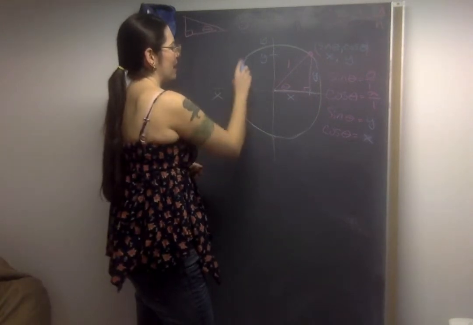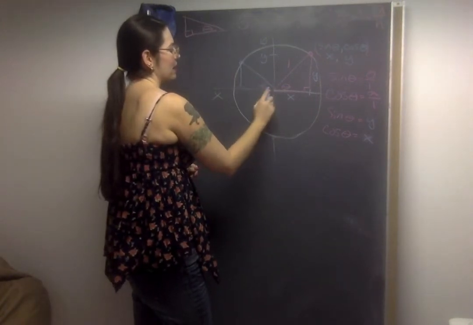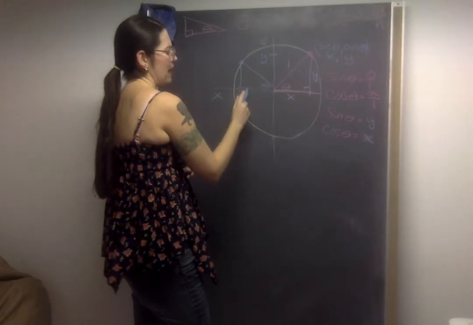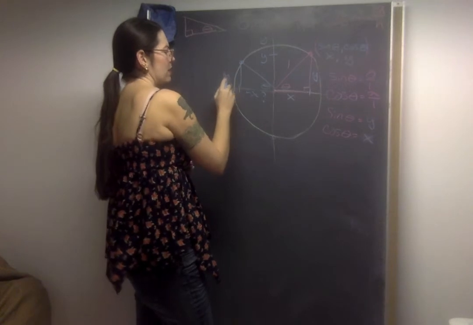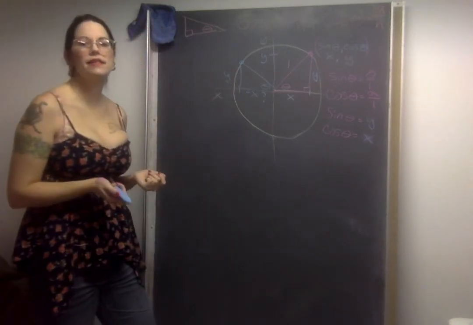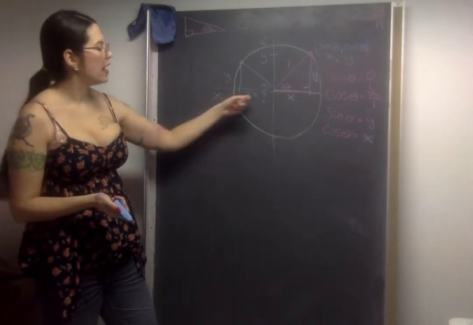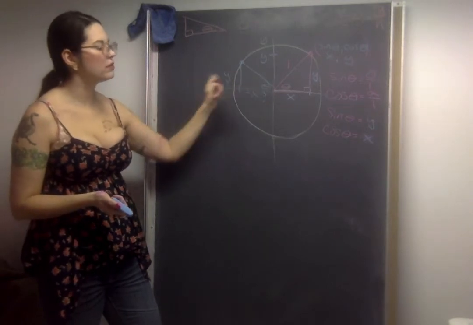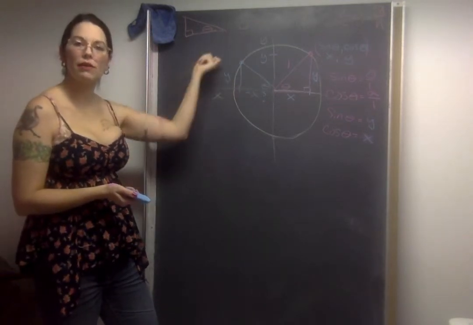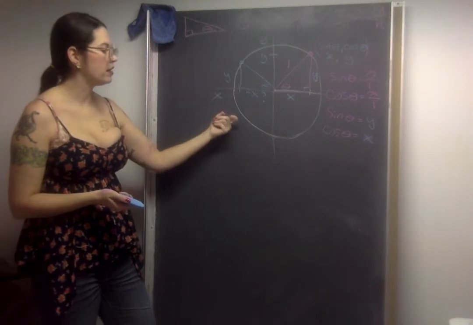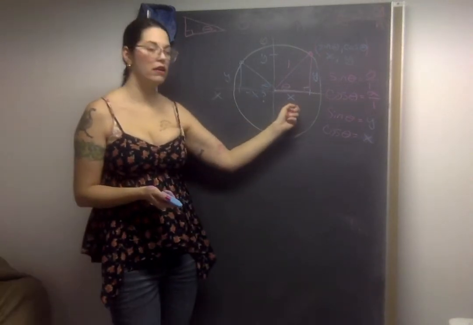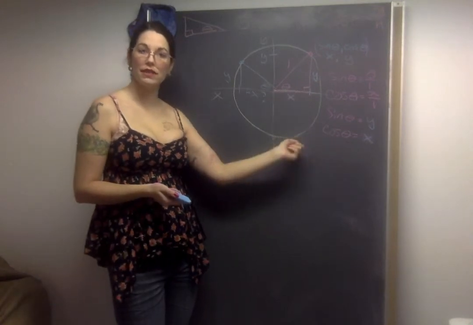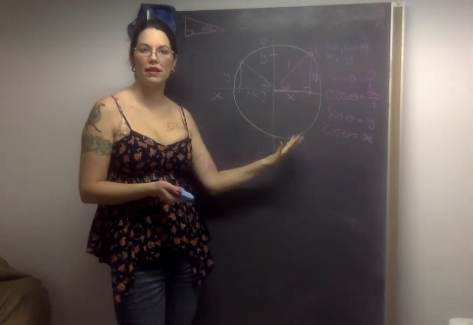If I find a point there, I'm going to end up with a negative x value, positive y, and that's exactly what's going to happen. Cosine, the x value, is going to end up being negative. Sine will still be positive. Down here, they're both going to be negative because I'm going to the left and down. Over here, cosine is positive and sine is negative because I'm going to the right and down.